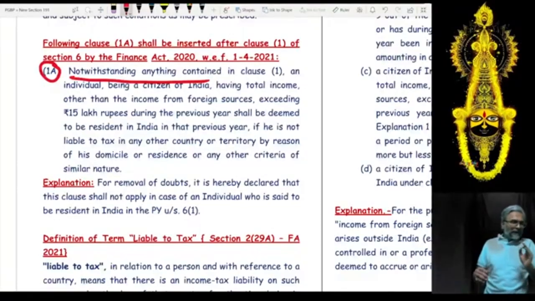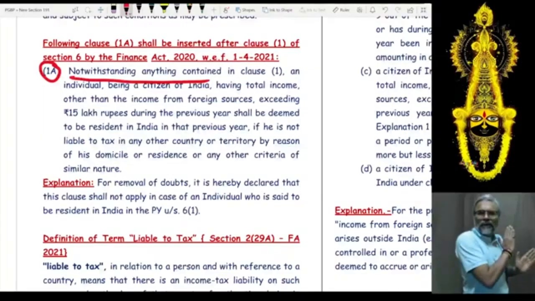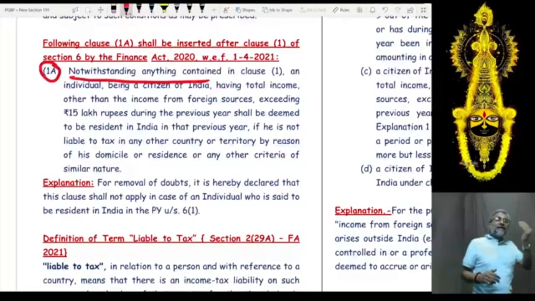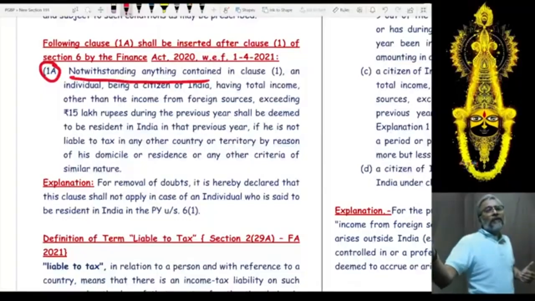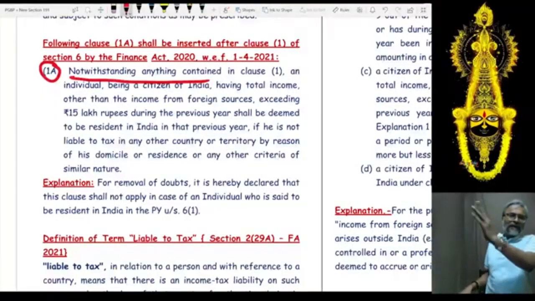Again, students, be careful. Supposing you are a non-resident as per 6.1, meaning you are not satisfying any basic condition, 6.1a says you can still be considered as a resident person if you satisfy the following condition. You will be deemed to be a resident if you satisfy the following condition.